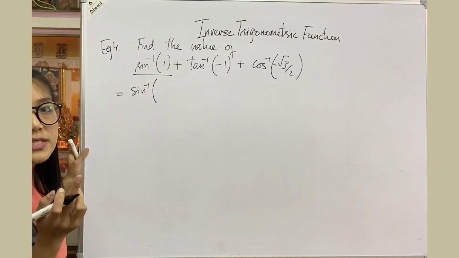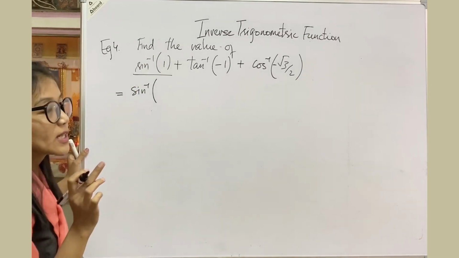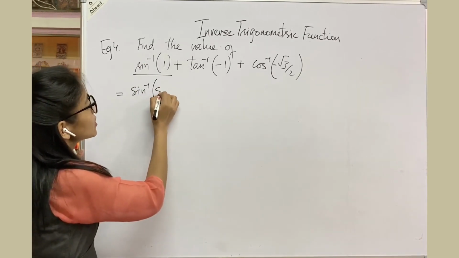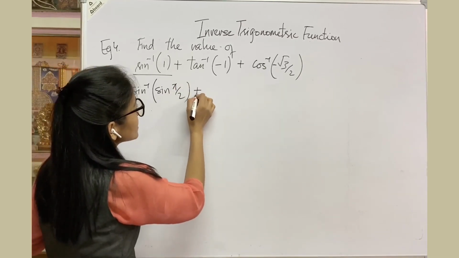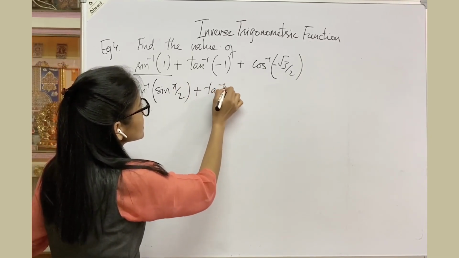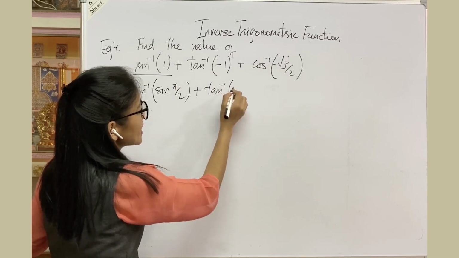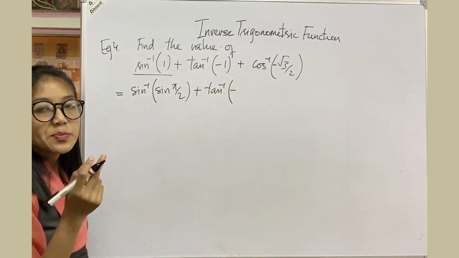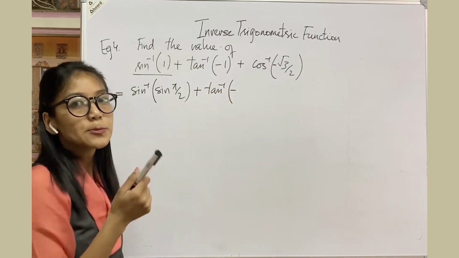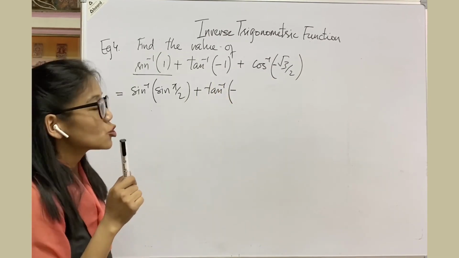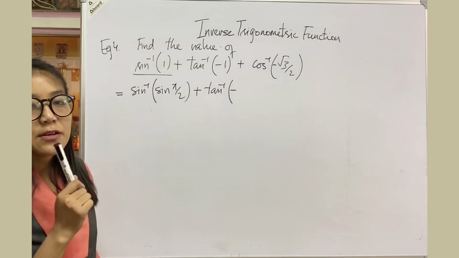You will express it in terms of sine: sine 90 is equal to 1, so I can write sine pi by 2. Plus tan inverse of negative 1, you just keep the negative as it is. You will express 1 in terms of tan, because we have tan inverse here. So 1 in terms of tan is tan 45.